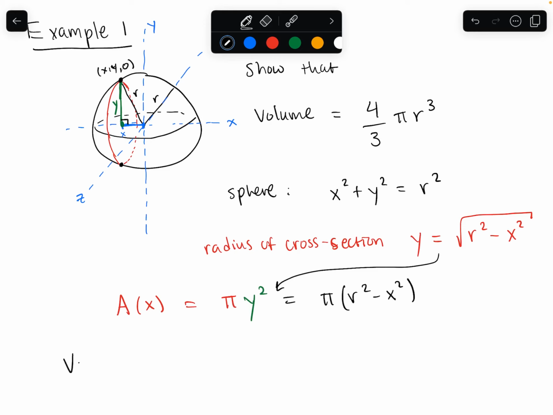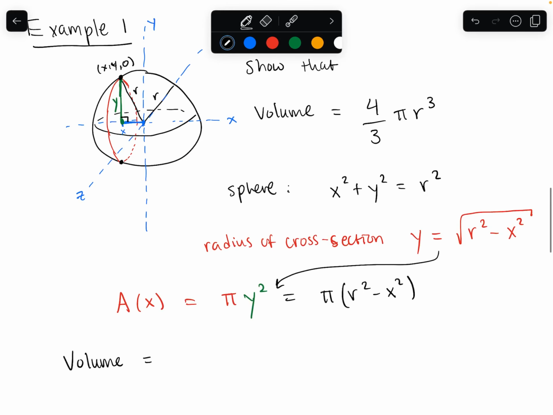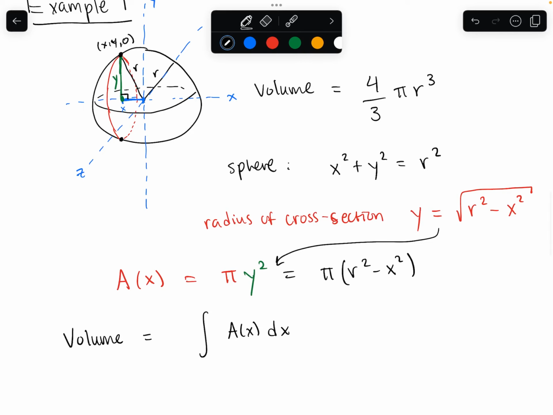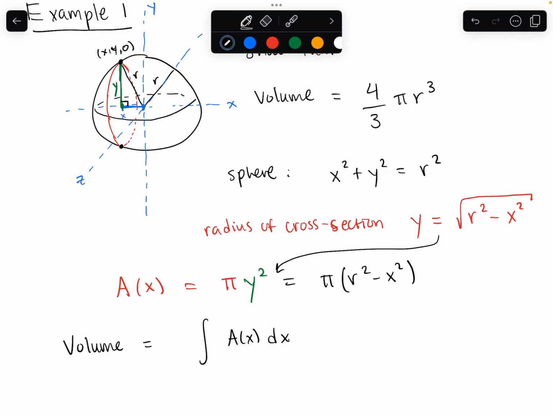So now, if I want the volume, we just use the formula we have from above. We have to integrate all of the cross-sectional areas multiplied by their really tiny thickness, dx. And now the question is, what do we integrate from?